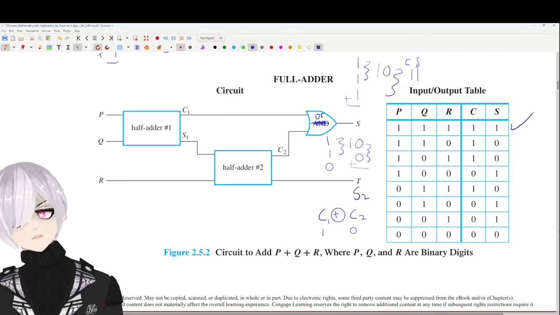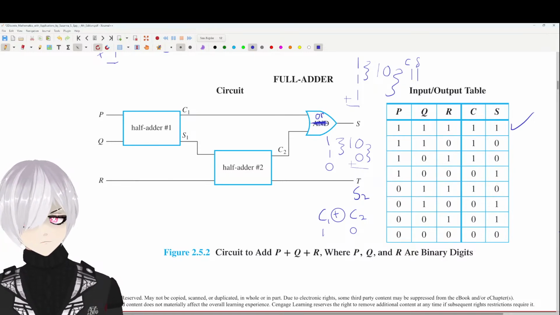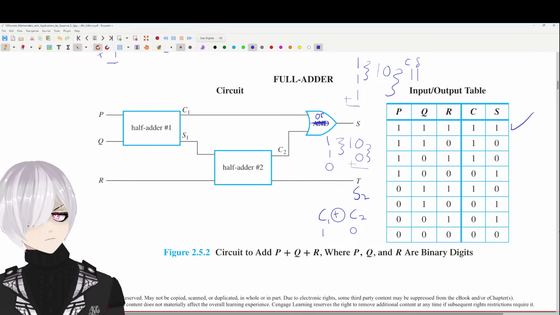I guess you don't even have to sum S1 and R anymore, because we have logic that proves that C2 can't be 1 if C1 was already determined to be 1. Yeah. I want to look at that one more time.